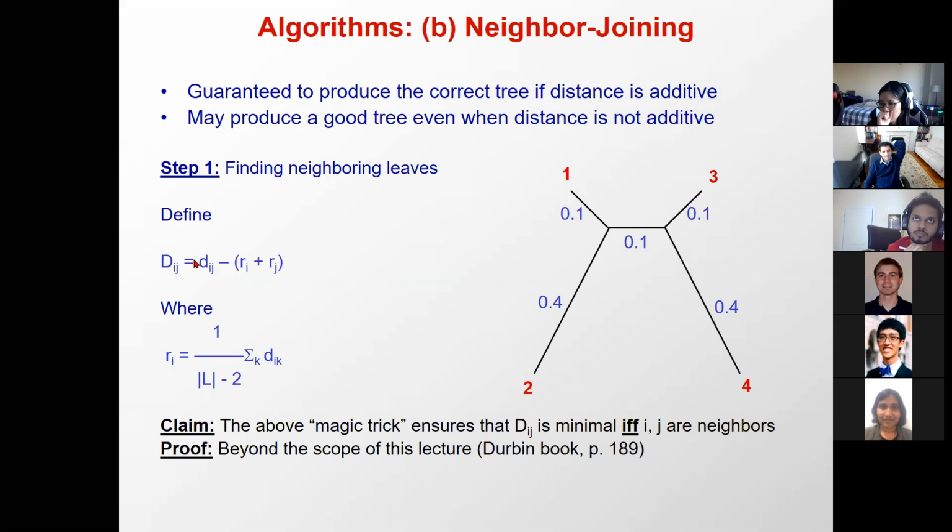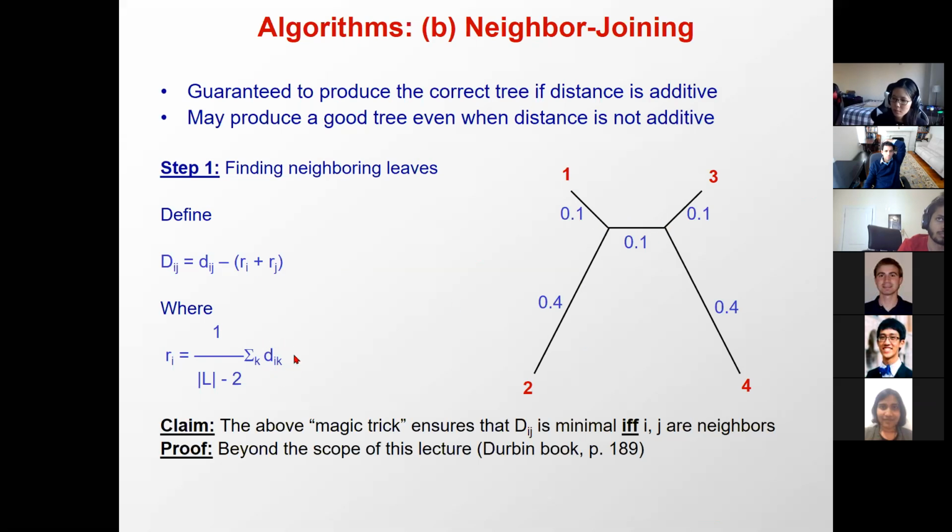So instead of taking the original Dij distance matrix, I'm going to be taking Dij and subtracting from it a promiscuity metric that tells me how connected it is, what is the total distance between every node of interest and every other node in the tree.